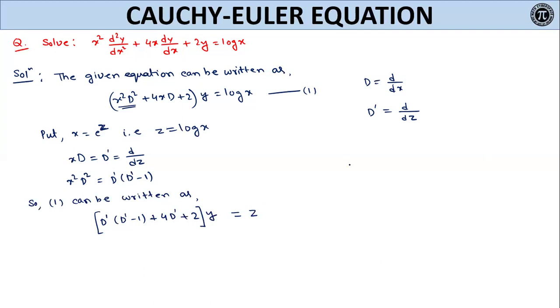I have changed the independent variable x to the variable z. Now suppose this is equation number 2. In equation number 2, the independent variable is z and the dependent variable is y.